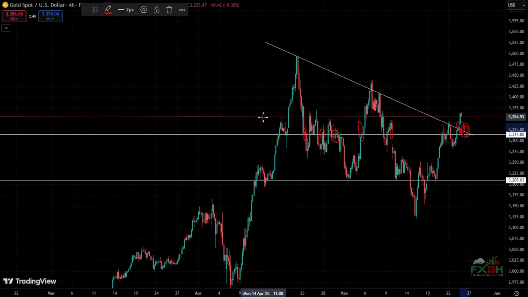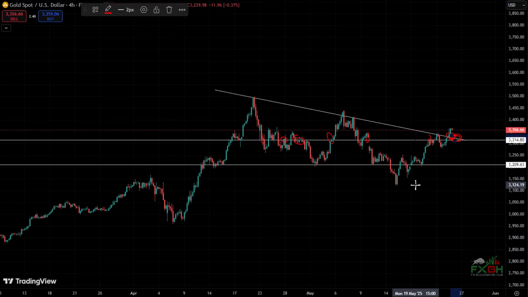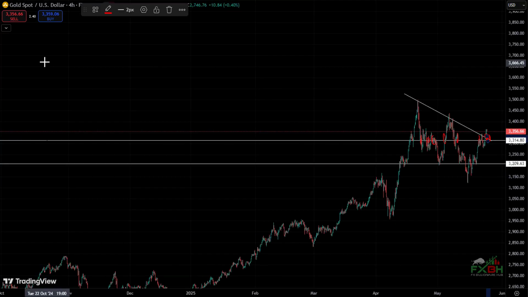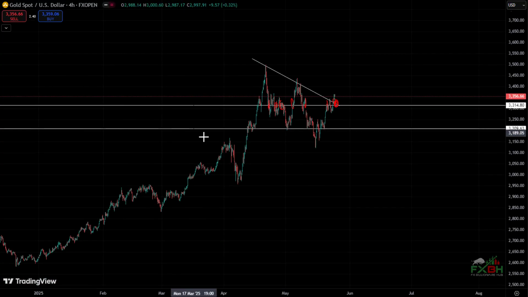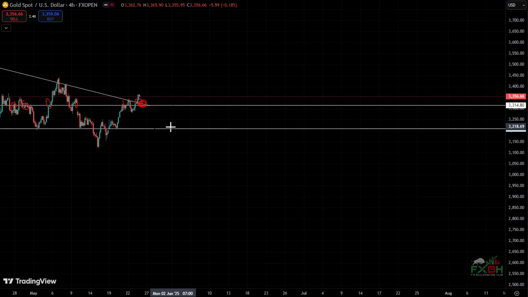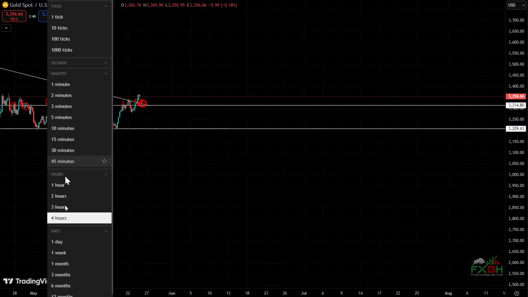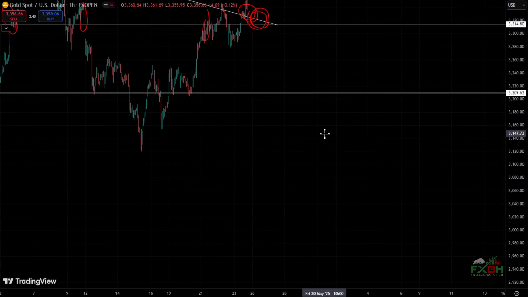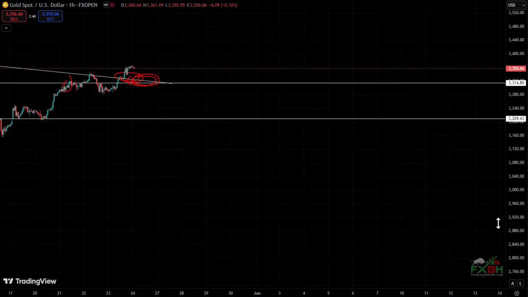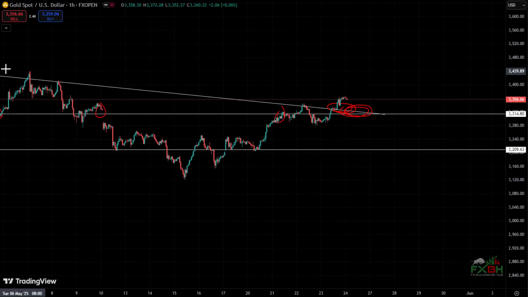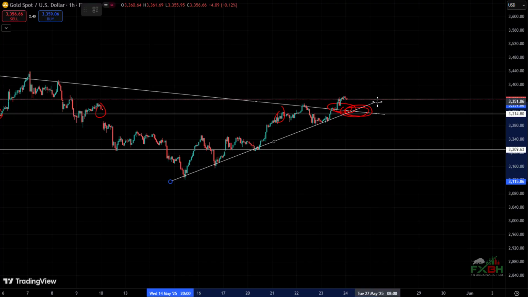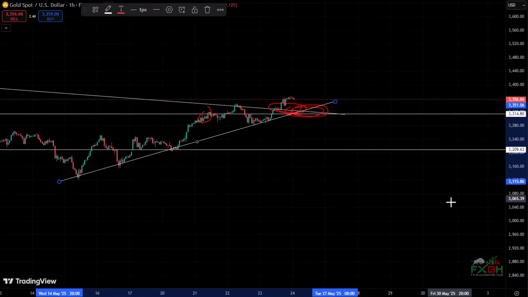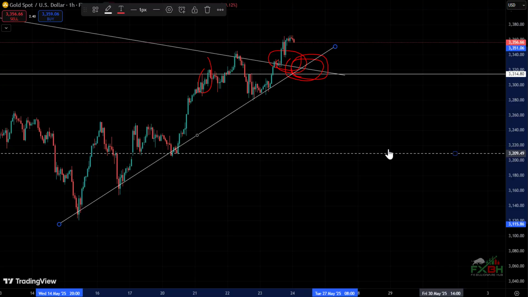Okay, if I want to draw another support trend line, let me make it H1, you will see there will be one more trend line support area in that particular area. Okay, let me make it a trend line, and as you can see there is another trend line area in the H1 time frame.